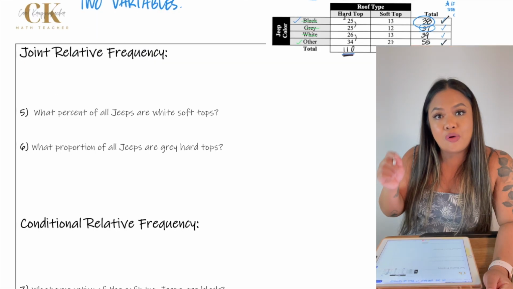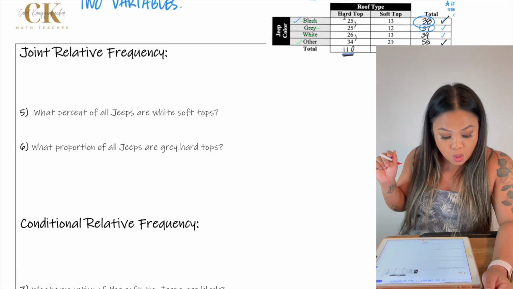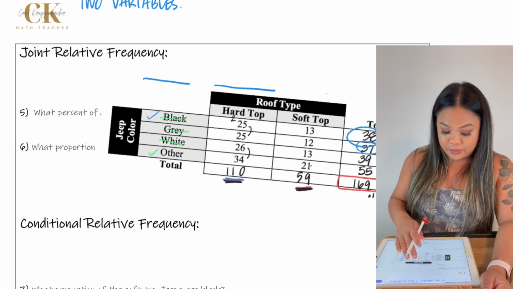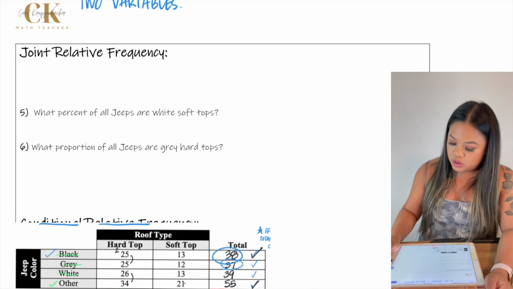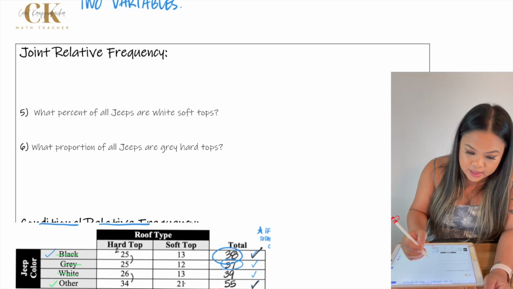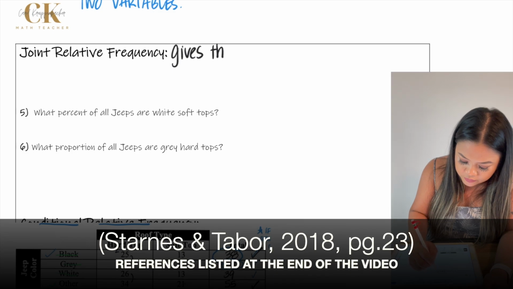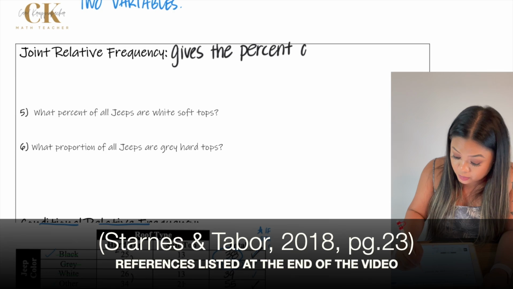So we just went over marginal relative frequencies of a two-way table. We're gonna move on and go over joint relative frequency. I copied and pasted this two-way table so that we have it on my screen available. I'm just gonna move it around for a little bit. So joint relative frequency gives the percent, or proportion.